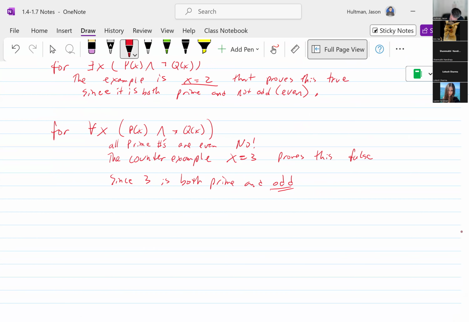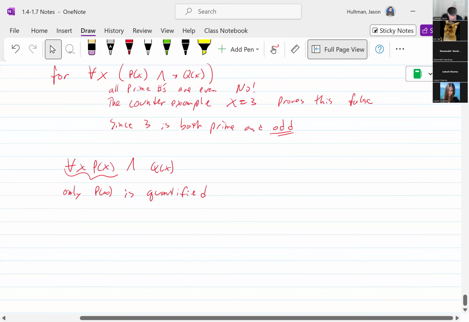Okay, if we write for every x, p of x and q of x, notice that this is not in parentheses. So the quantifier only goes with the p of x. Only p of x is quantified.